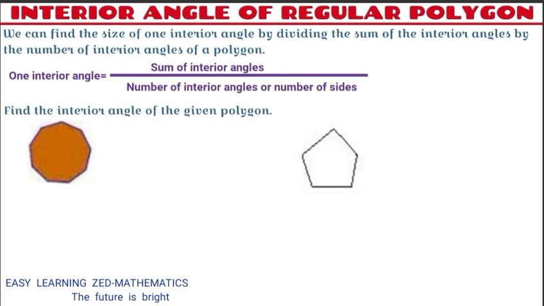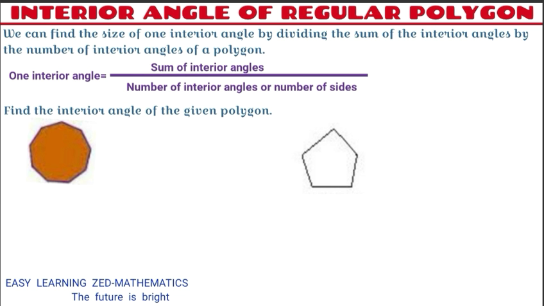So how do we find the interior angle of a given polygon? We're going to write the formula. One interior angle is equal to the sum of interior angles divided by the number of angles or sides.